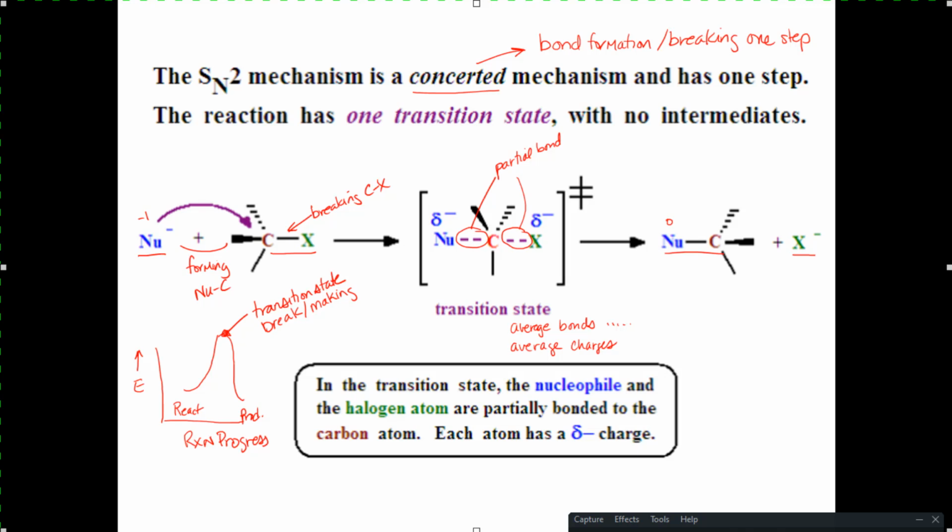Do we know exactly what it is? No. Do we care? No. We just need to know that it is some negative charge, and the halogen is going from 0 to -1, so it has a negative charge. So in this transition state, we have a partial nucleophile-carbon bond and a partial carbon-halogen bond, with the negative charge basically being transferred from the nucleophile to the halogen.